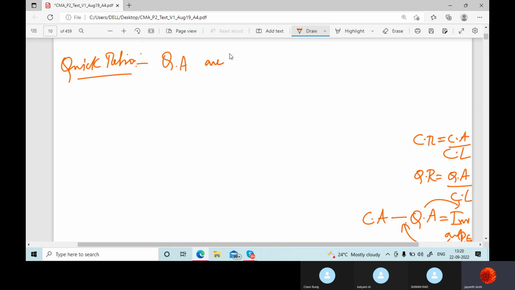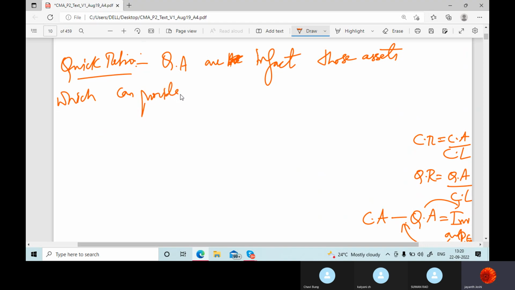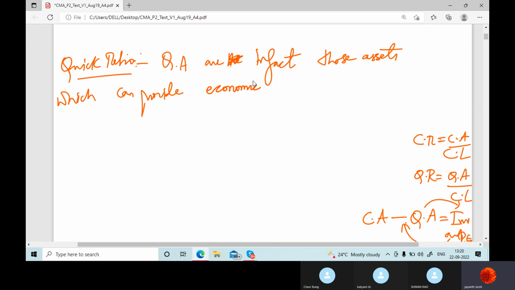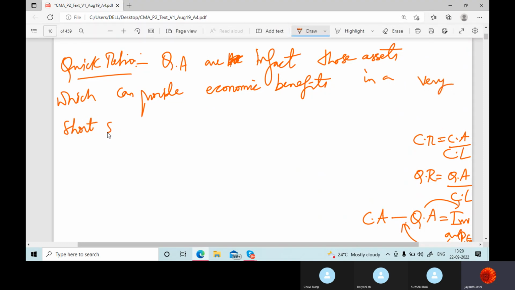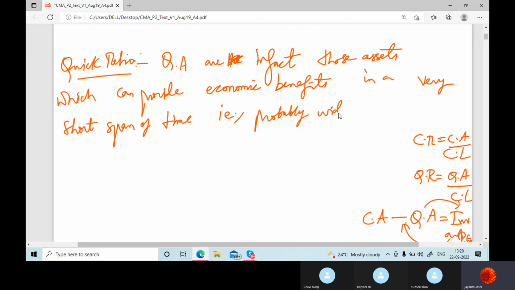Quick assets are in fact those assets which can provide economic benefits in a very short span of time, that is probably within 6 months.